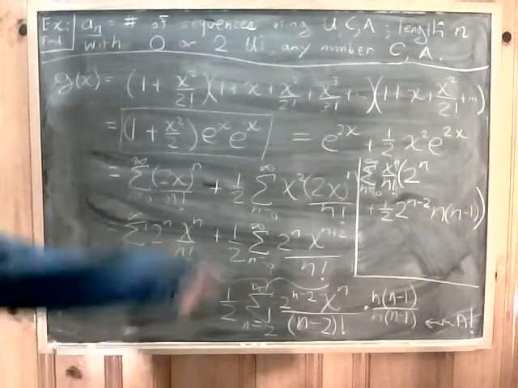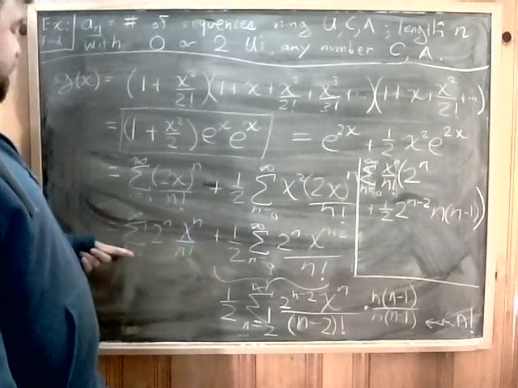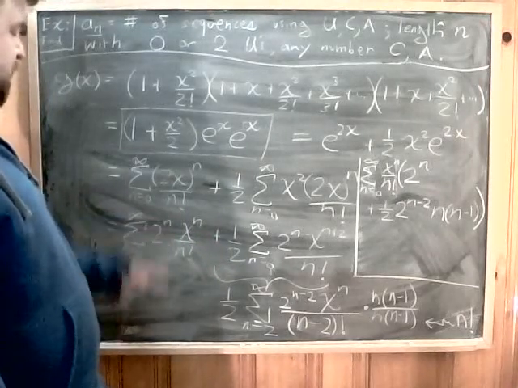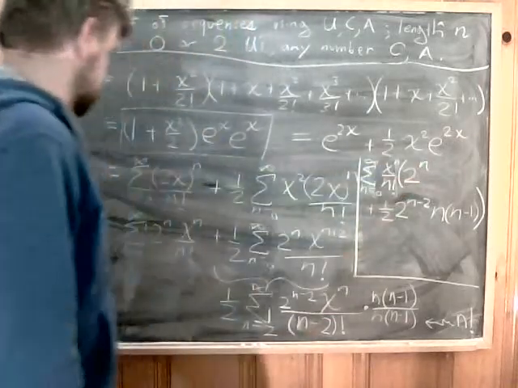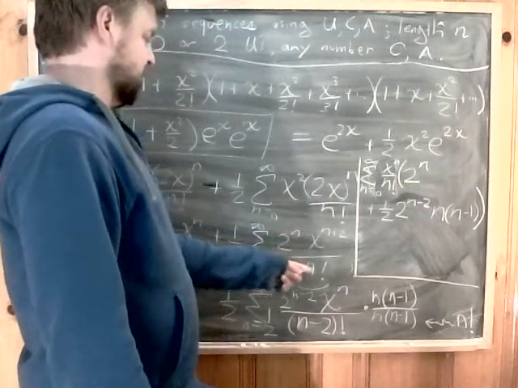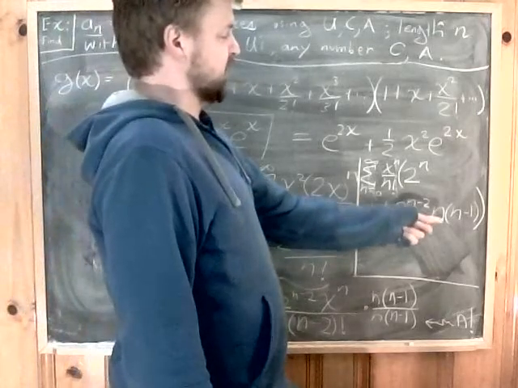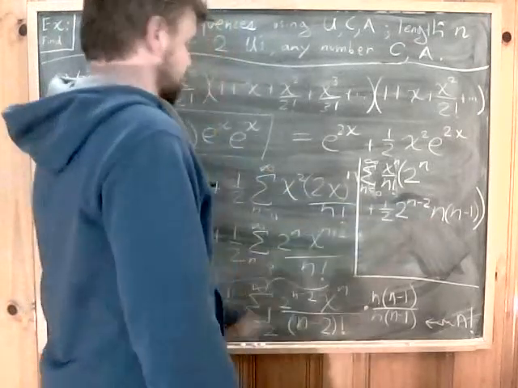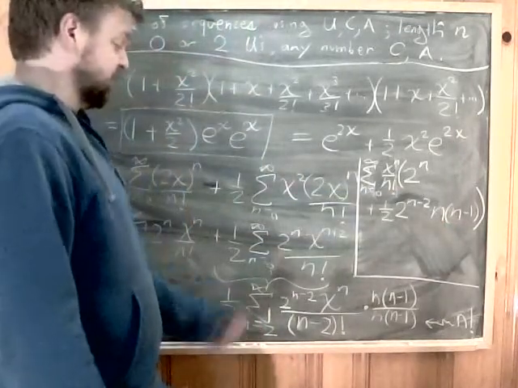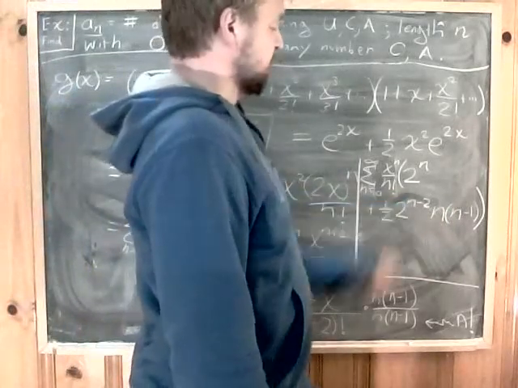Before I write down that, let me double check. So at this point, when I plugged in n equals 0, I got 2 to the 0. Same here, 2 to the 0. When I plug in n equals 0 here, I get 2 to the 0, n factorial, x to the n plus 2. Here, of course, when I plug in n equals 0, I get a 0 from n times it. Same when I plug in n equals 1, I get a 0. So really, I should be double checking this one. When I plug in n equals 2, I get 2 to the 0, 2 to the 2 minus 2.